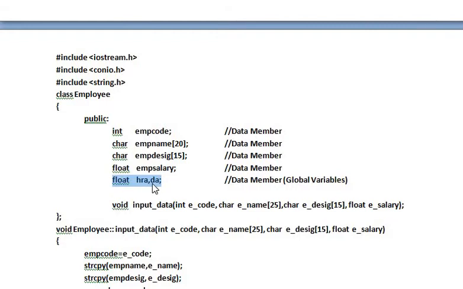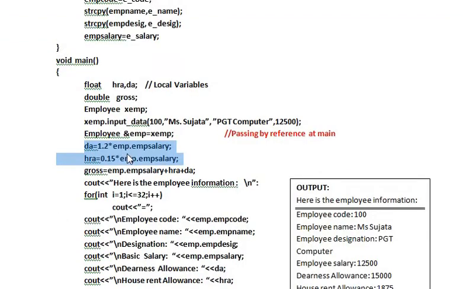But if you want the changes to be reflected in these two global variables of HRA and DA, then instead of putting these two statements like this, I shall precede the variables DA and HRA with a scope resolution operator like this. Then once the updation is done with the help of these two statements, this time I am not going to touch these local variables.